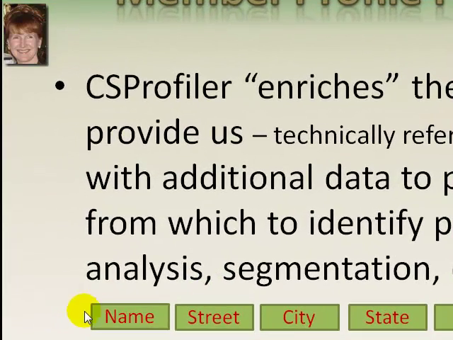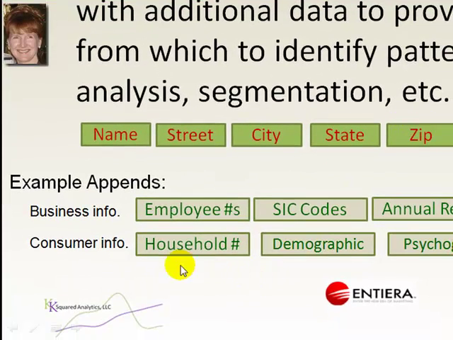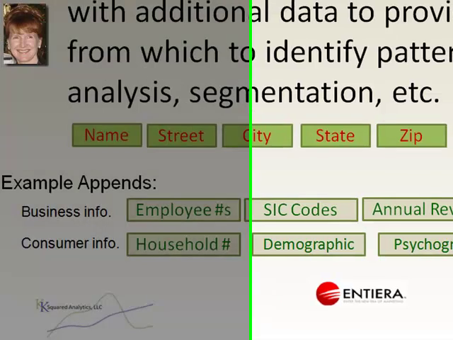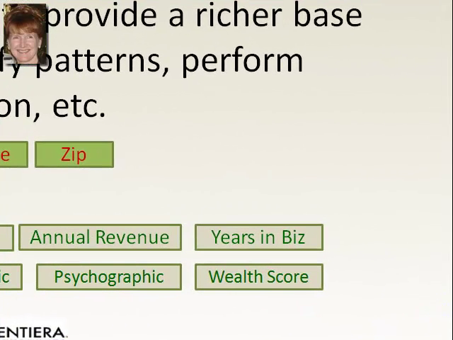So to illustrate a little bit, you give us name, street, city, state, zip. And in the case that you have a business, we can derive how many employees, what are the SIC code representations, what are the annual revenues, years in business. Or for consumers, what are the number of people in that particular household? Other demographic, psychographic information. One thing that's popular now is something called a wealth score.